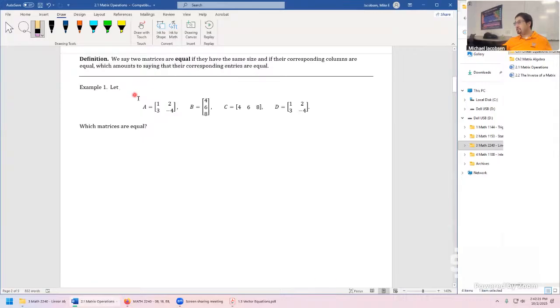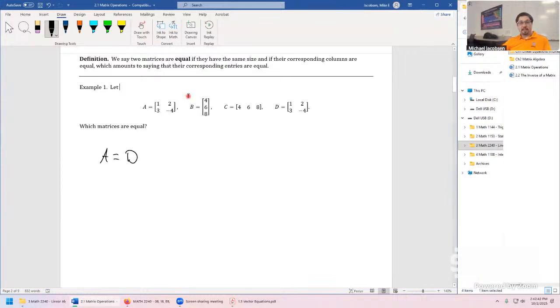So here's a section of 4 matrices you could say, although one is usually called a column vector, the other is typically called a row vector. For which ones are equal? Well, A and D have the same size, 1, 3, 2, negative 4. They have the same columns, so we can say A is equal to D.